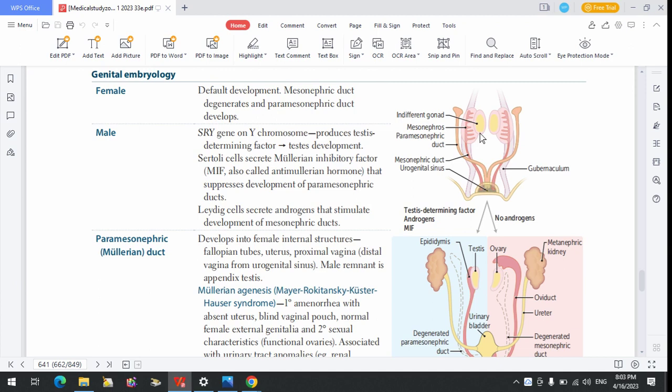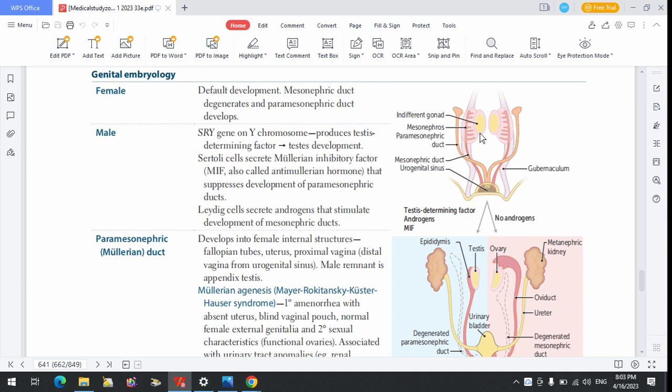So if the embryo, the fetus, has the Y chromosome, that is, the chromosomal sex is XY, that Y chromosome contains the sex determining region within it.